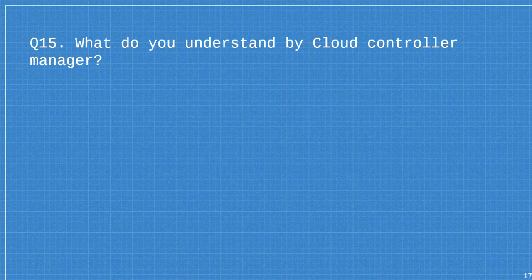What do you understand by the cloud controller manager? Actually, when we were discussing the basic architecture, we saw there is a part named cloud controller manager. So what does this part really do?